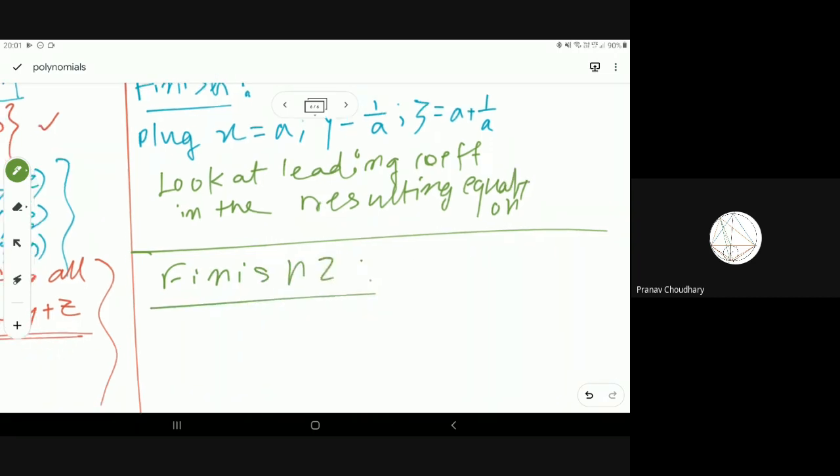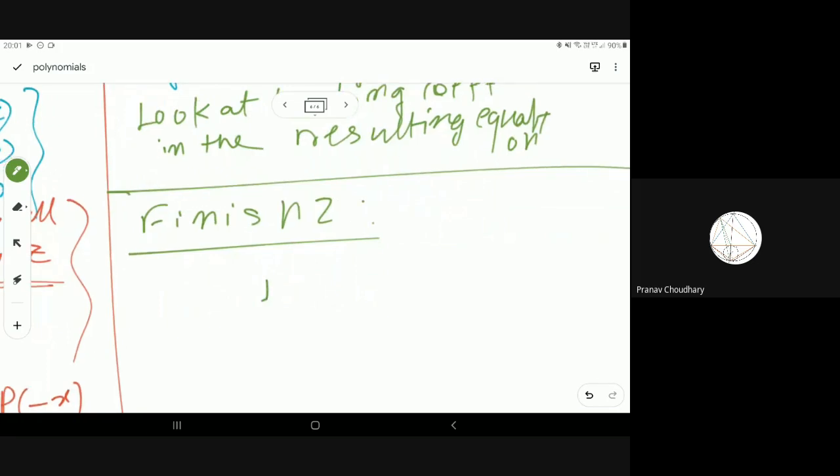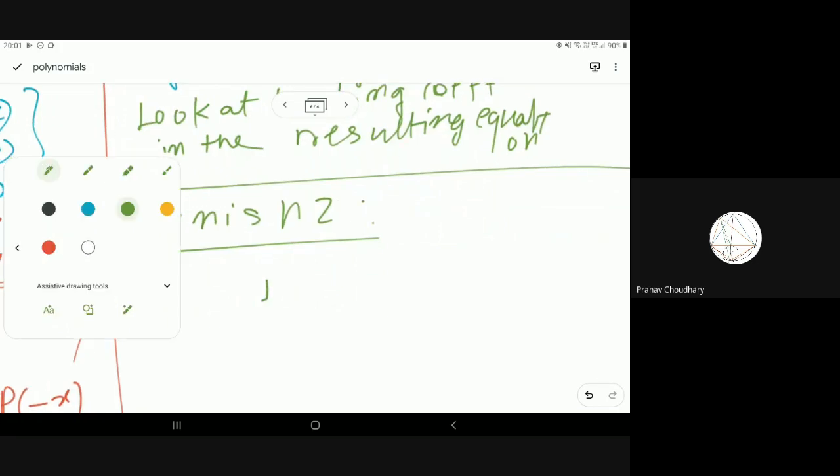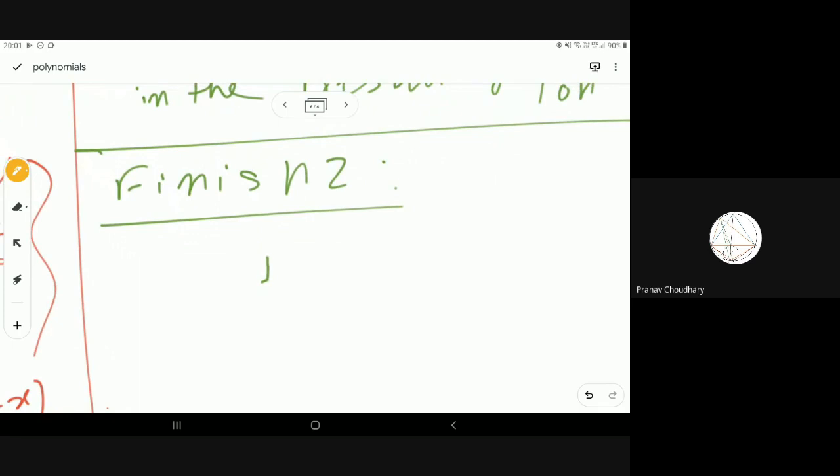this finish basically shows the true power of what we just did, regarding the continuity argument. So what we do is we plug x equals x, y equals i by root 2, and z equals minus i by root 2, right?